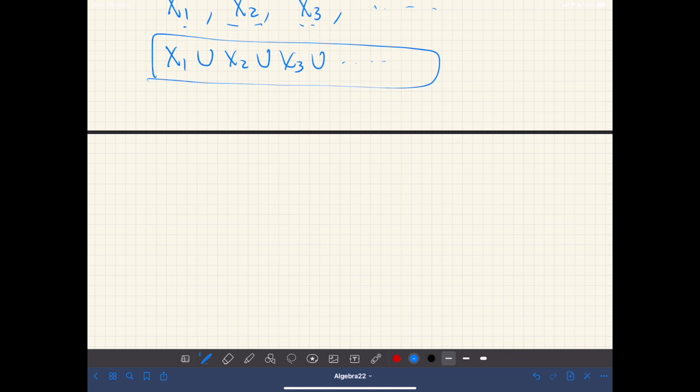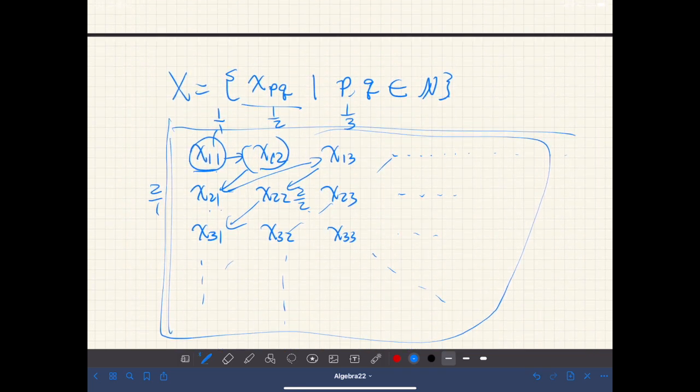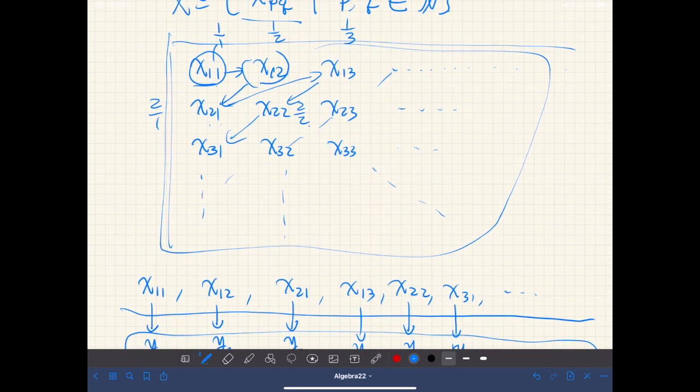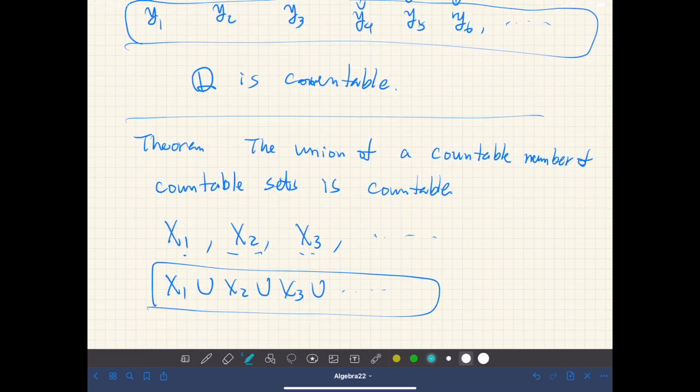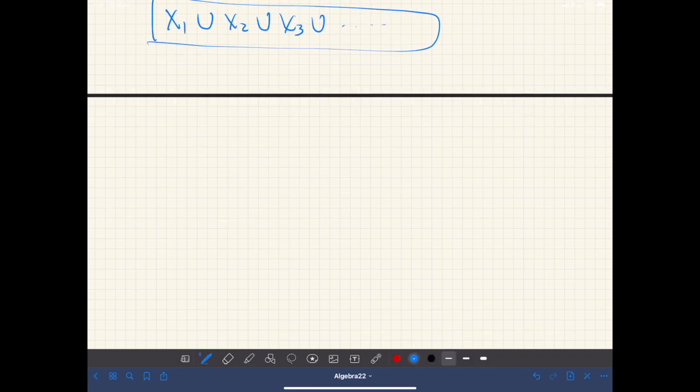So how can we prove this? Actually, we prove it by using the same argument as this example. So the elements of the set x1 can be written as x11, x12, x13, and so on. And the elements of x2 may be represented as x21, and so on.